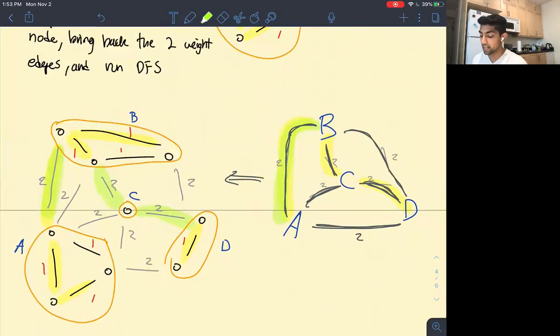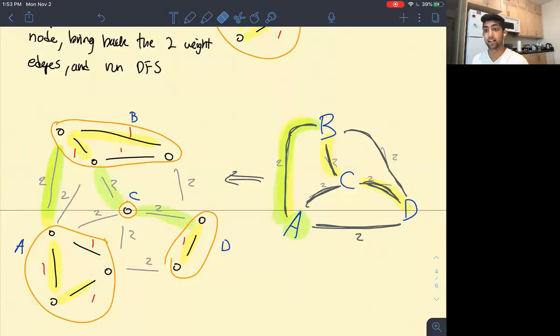Just to give a quick recap, all we're doing is we first remove all the edges of weight 2, then we run DFS and we get a bunch of mini connected components, right? Each connected component you can think about as a mini MST. So with these mini MSTs, we need to connect them together. To do that, we'll create a new graph where a node A in the new graph was a connected component from the previous graph.